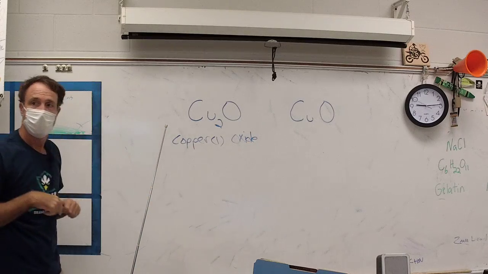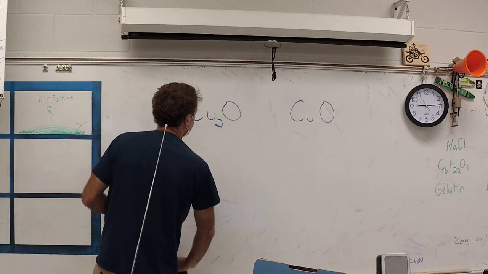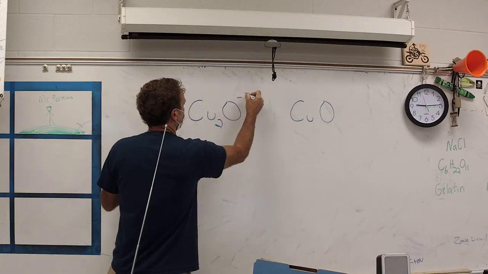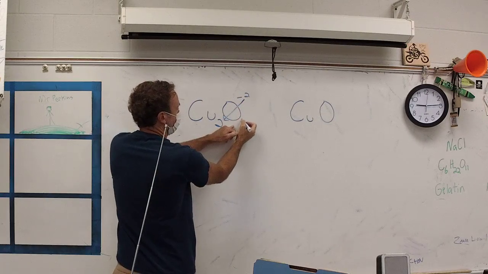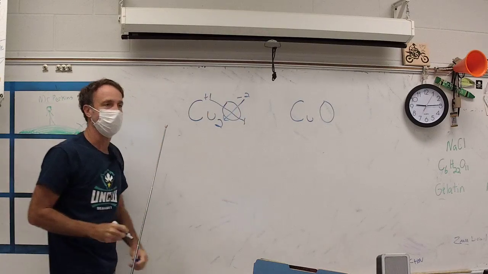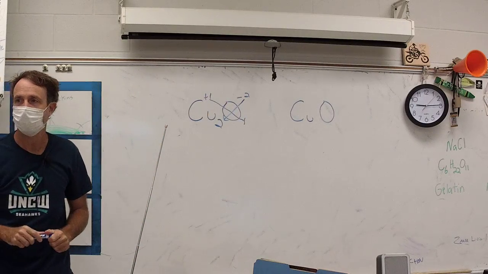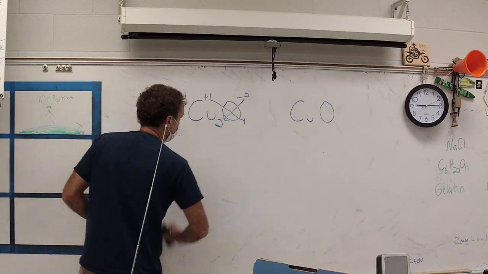Okay? And here's another way you can do this. You look at the formula. Oxygen's -2, you know that. That's where that 2 came from. So what must have been here? A 1. So you can just do that backwards if that makes you feel better. Does that make sense? Is everybody with me? So that's copper(I) oxide.